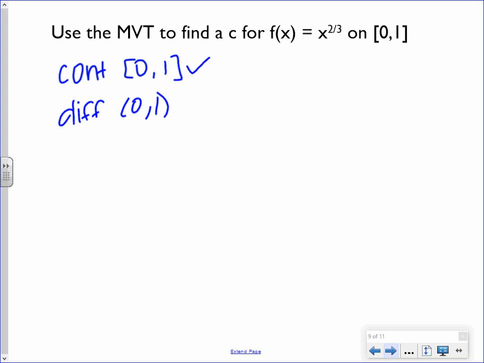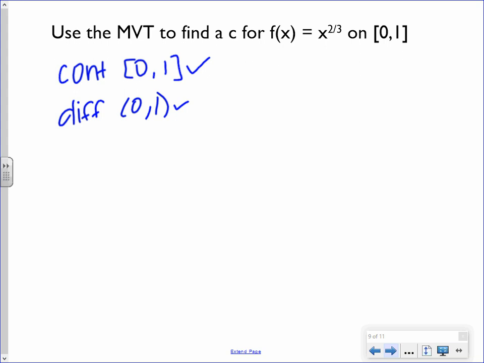Yes, we do not have any asymptotes or holes. This isn't rational. We don't have to think about that. Now, are we differentiable on the open interval 0 to 1? Yes. Where are we not differentiable? We are not differentiable at 0, but since 0 is an endpoint, that is okay. We need to be differentiable on the open interval. So not including 0, we are fine.